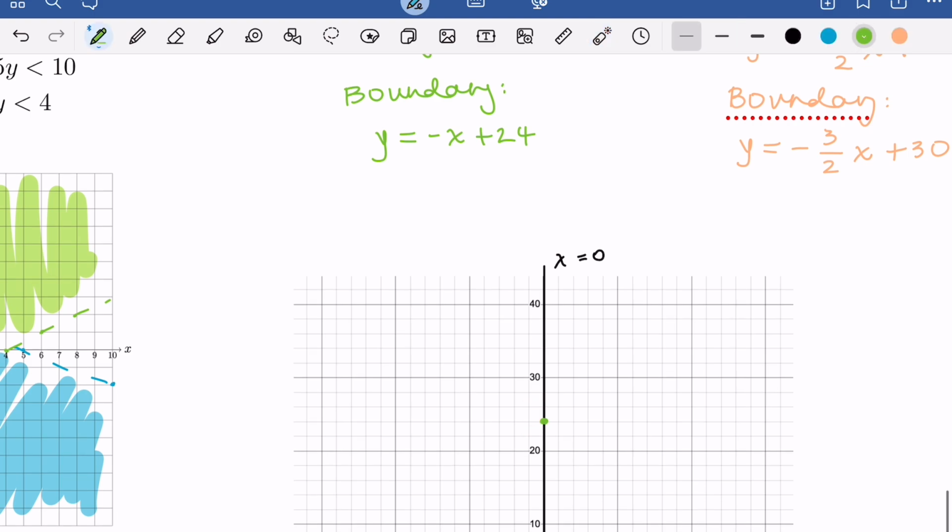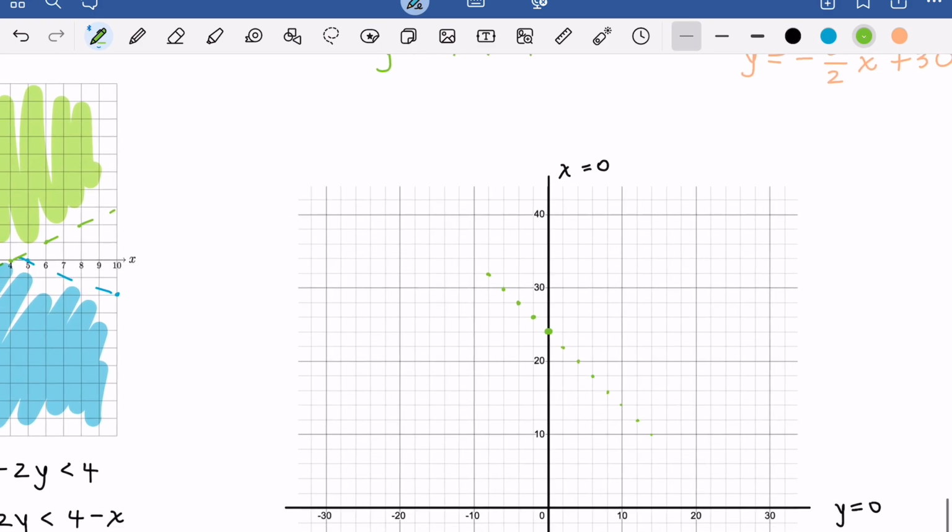We go up 2 over 2 in this direction, since our slope is negative. Graphing this, we're not going to go past this horizontal axis, as we know that this is one of our boundaries. Plotting our points and connecting them with this line, this is one of our boundary lines.